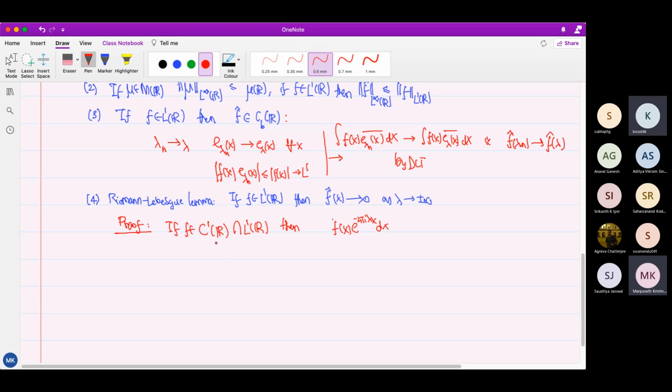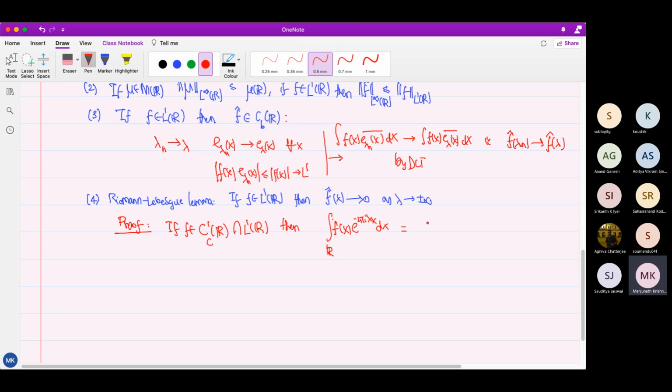So maybe Manju, do you want also compact support? Is it okay to take compact support, or should I just say vanishing at infinity? Compact support would be better, so Kaushik pointed out correctly. We'll see in a moment, because we'll do integration by parts. So for the moment, let me take compact support. Okay, f is in C1 of R intersection L1 of R.